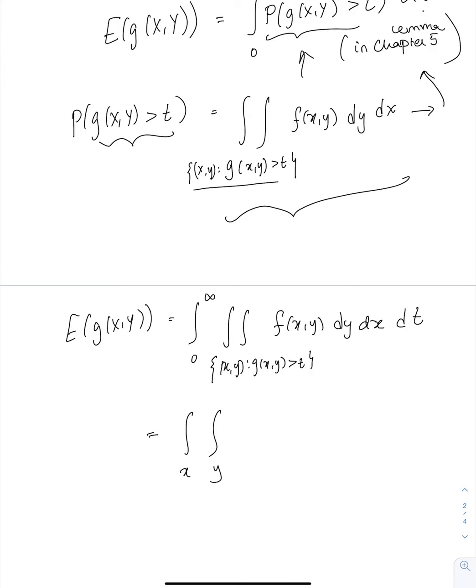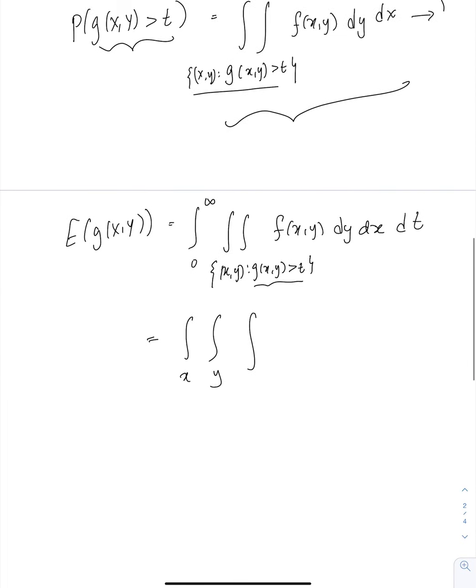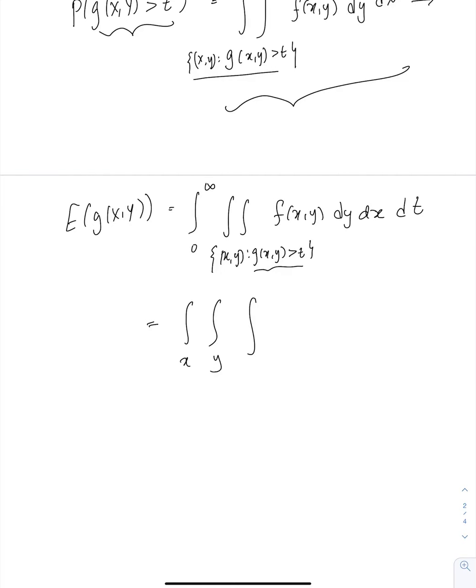For each x and y, you don't have to worry about t being negative because g of x,y is always non-negative. So t goes from 0 to g of x,y, and integrate f of x,y dt dy dx.